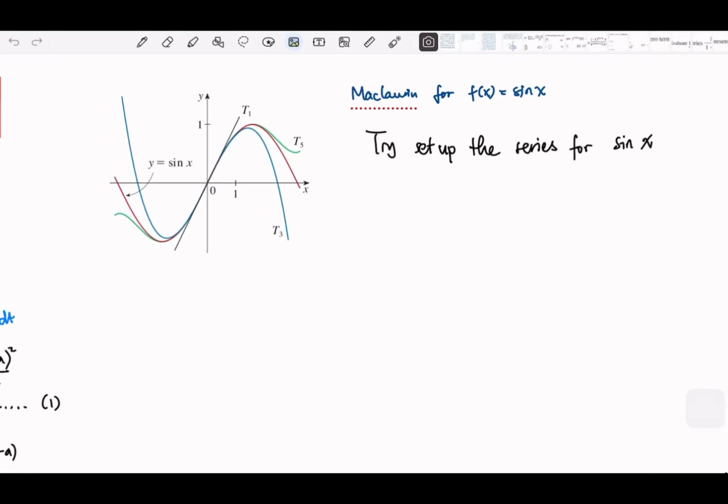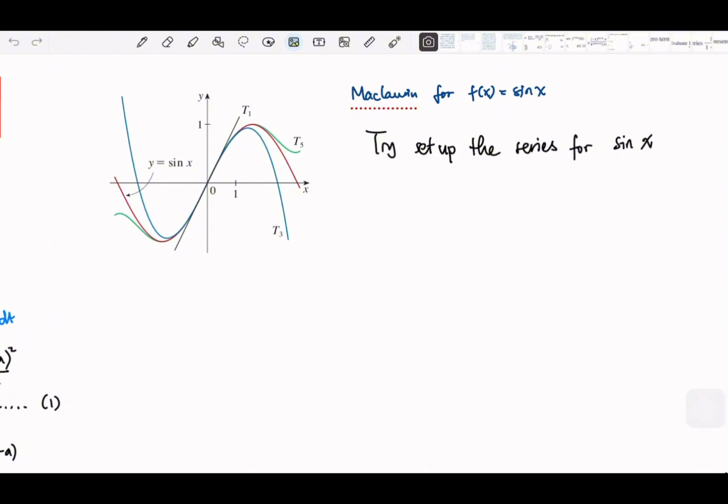So there's actually this explanation. If we increase the partial sum, from P1 and then 3, 5, 7, we are going to get an approximation of sine x. Why is there only the odd numbers?